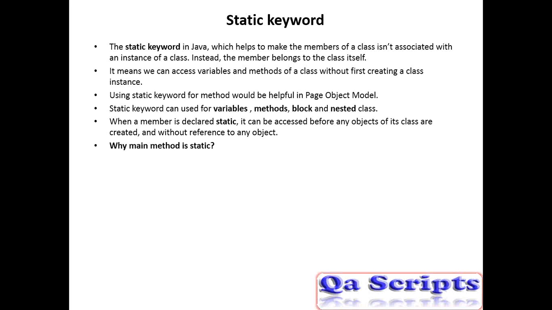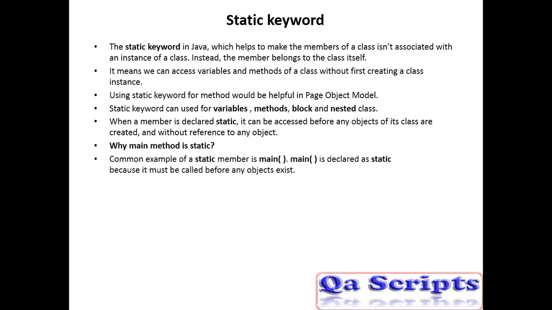Why is the main method static? If you observe, any class which has a main method will have static, because the common example of a static member is main. Main is declared as static because it must be called before any object exists. This means, say you have created one class and you want to execute from that class.